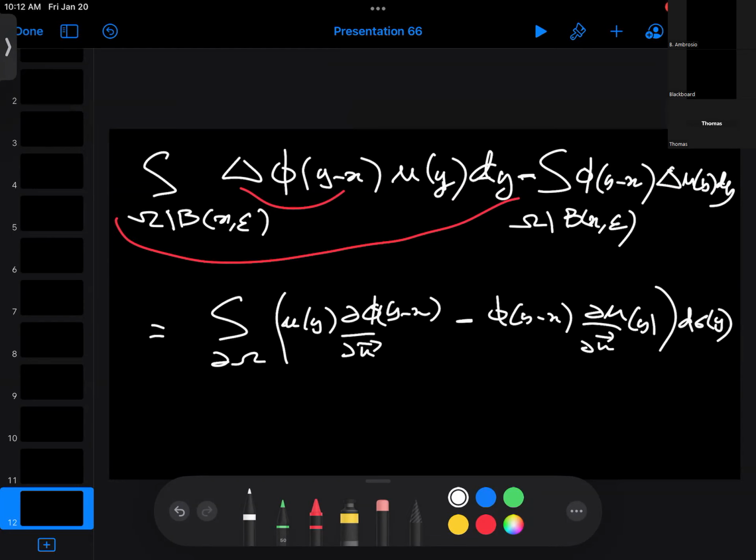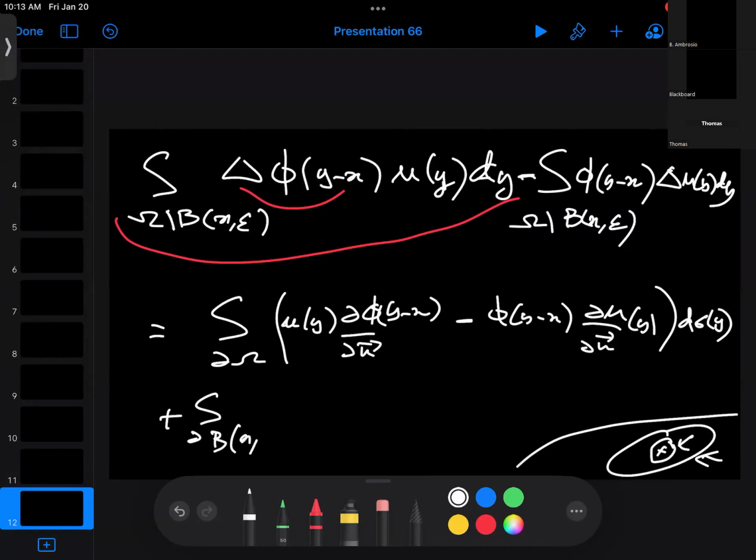But I have also the other boundary. If my omega is here, I am at x here, and I take out a ball here. So I have two boundaries, this one, and now I also have to do the same thing with the boundary, the same theorem, but here it's the ball of center x and radius epsilon. These are the same terms, but not at the same place.